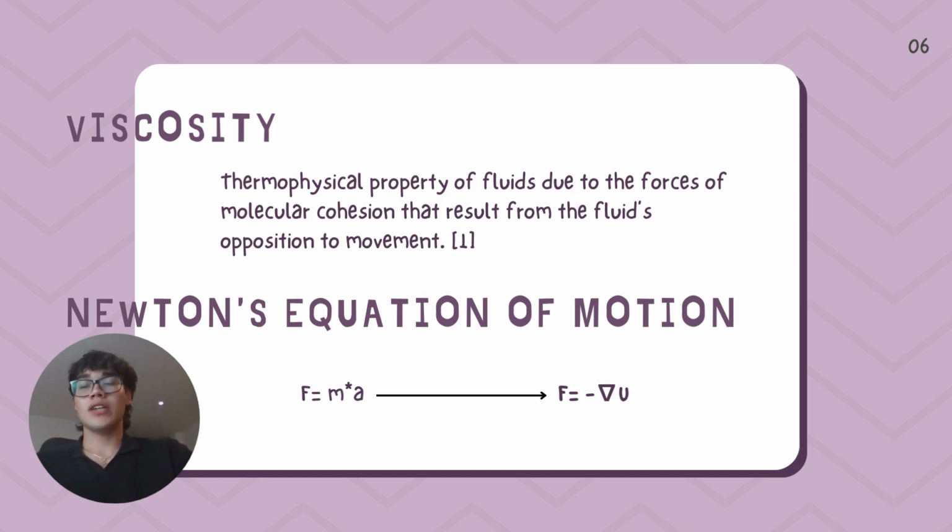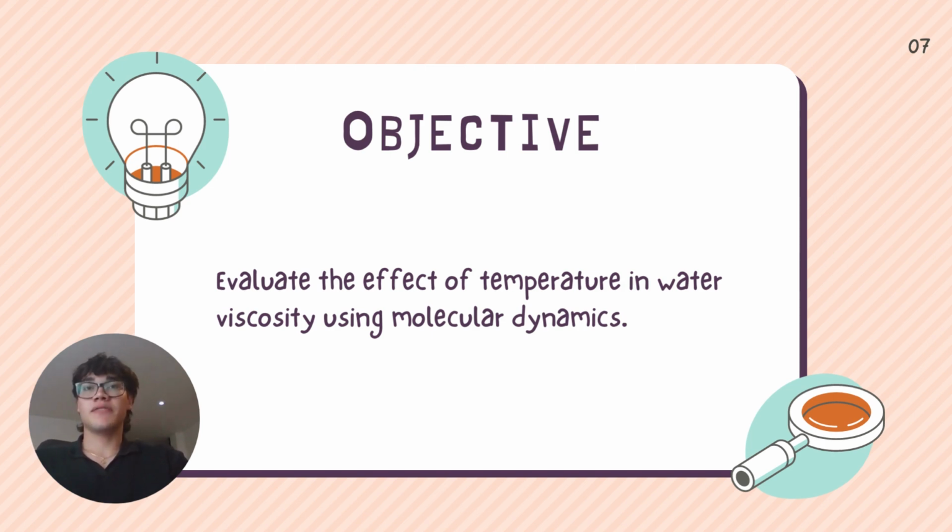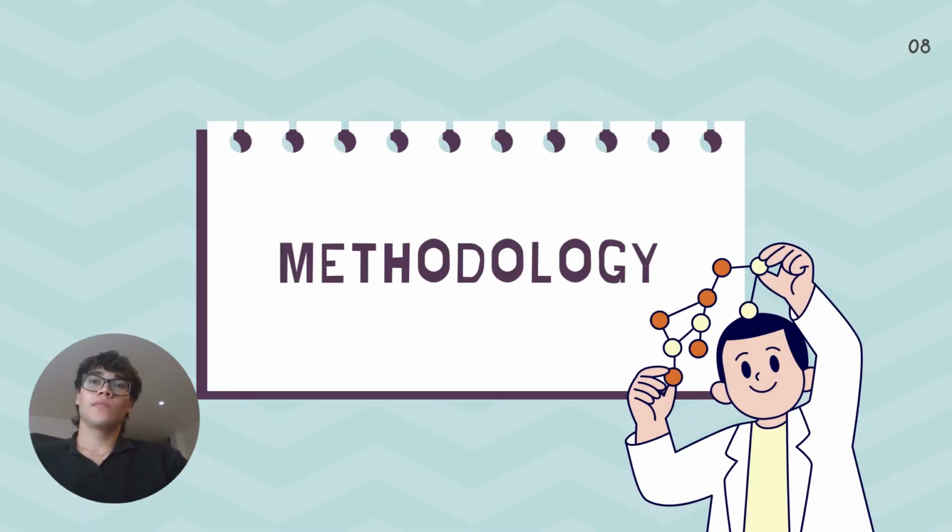And this equation is F equals the negative of nabla U, U being the force field sensed by the molecules in the system. And this force field is composed by kinetic energy or potential energy, for example. Finally, we have the objective of the practice, and it is to evaluate the effects of temperature on water viscosity using molecular dynamics. Now we can move to the methodology of the practice.